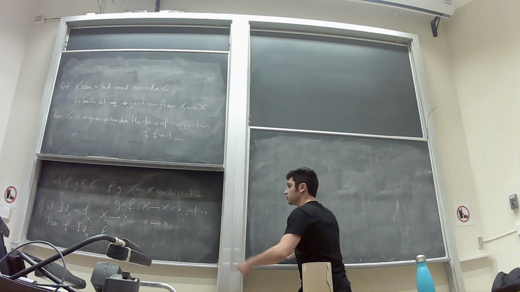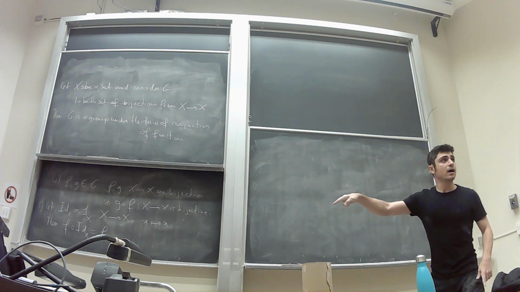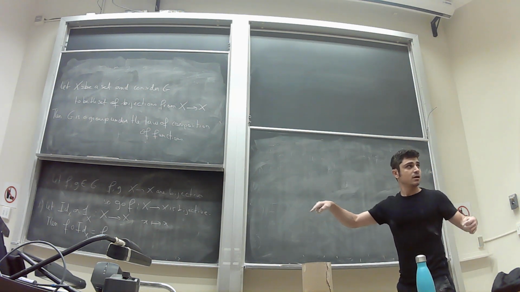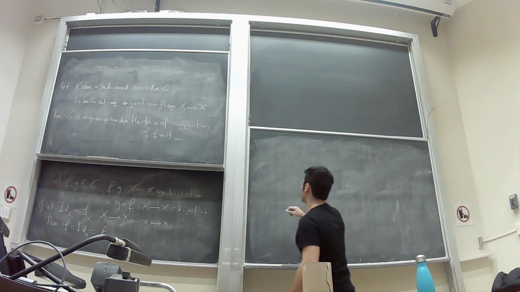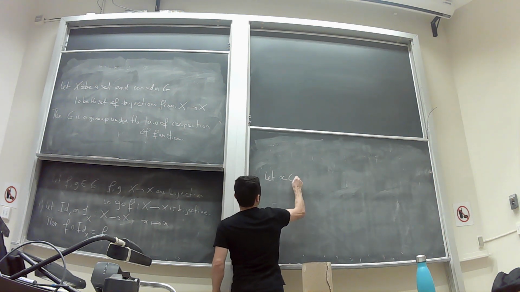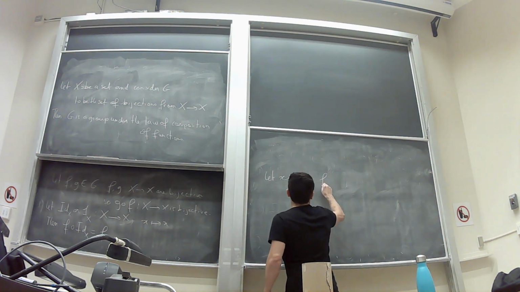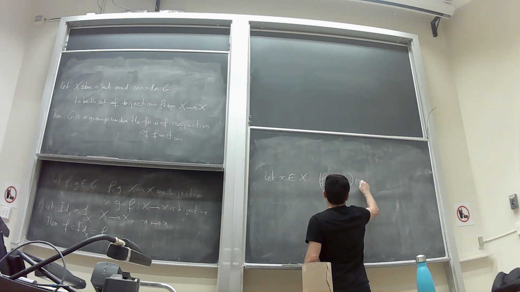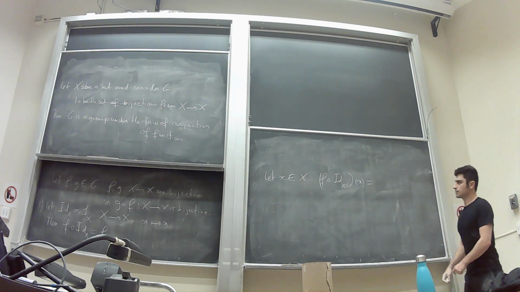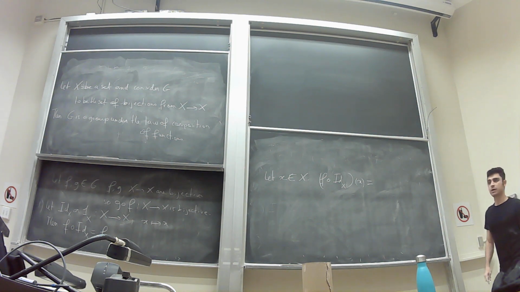So how do I show that two functions are equal? I pick an arbitrary point and I evaluate, and these two functions should give me the same answer, right? So let x be in X. f composed with the identity of x. What is that?